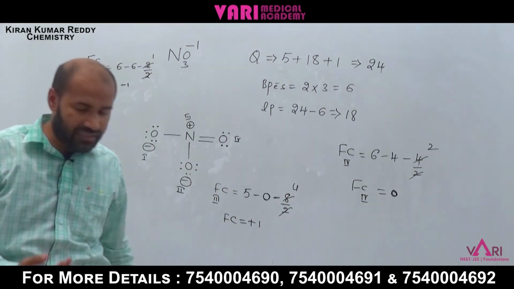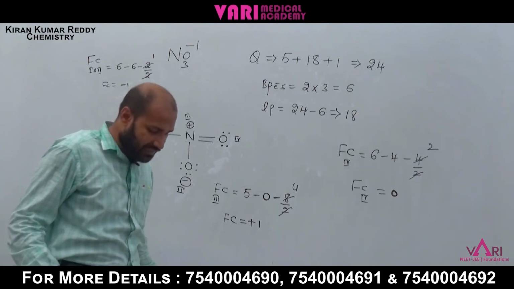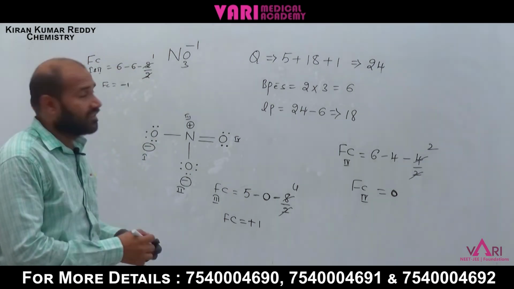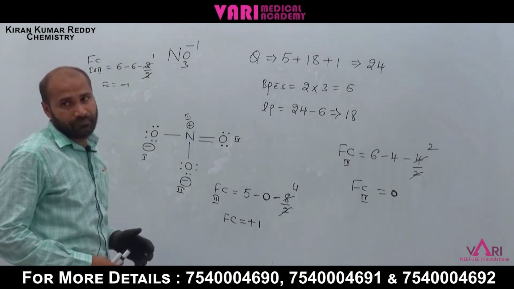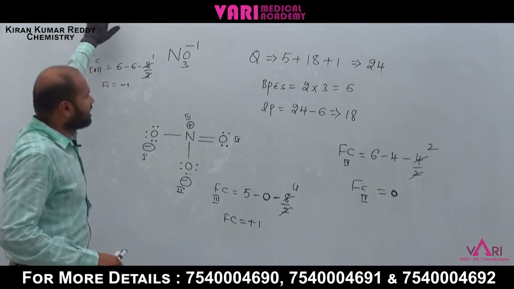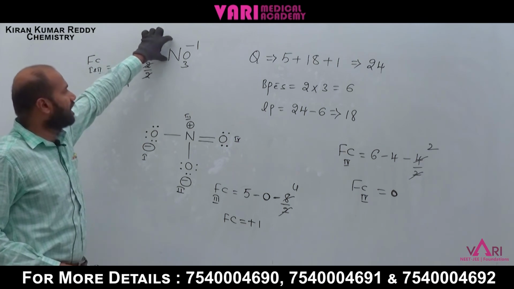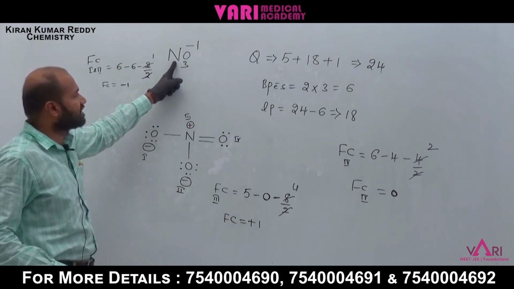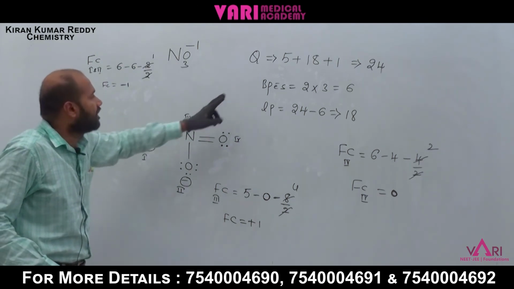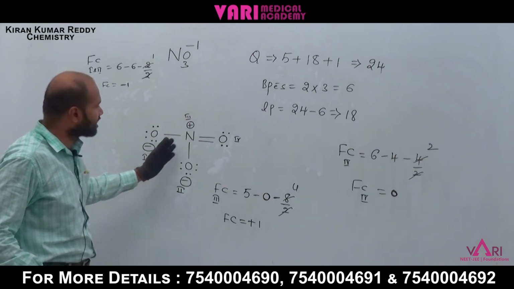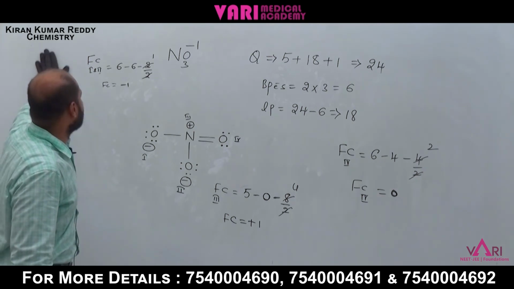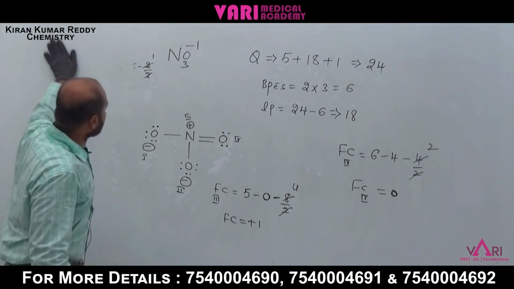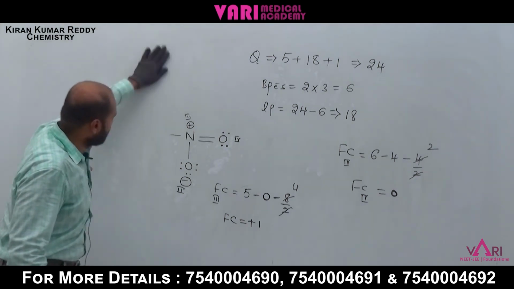Whatever structure you write, we can easily write the formal charges. Next we can take NO2 -1. Understand this, students? Now, simply, I am taking Q, the total number of valency electrons. Next is bond pairs, I already explained: 1 2 3, 2 into 3 is 6. Next, we can take another example, NO2 -1.